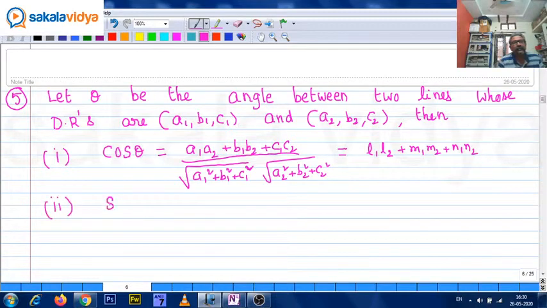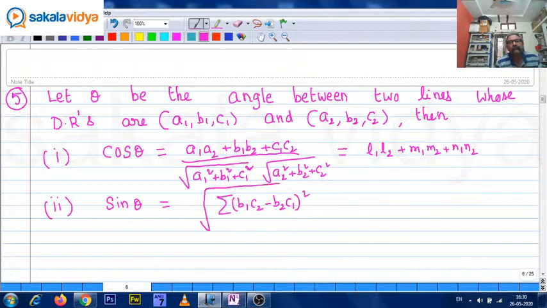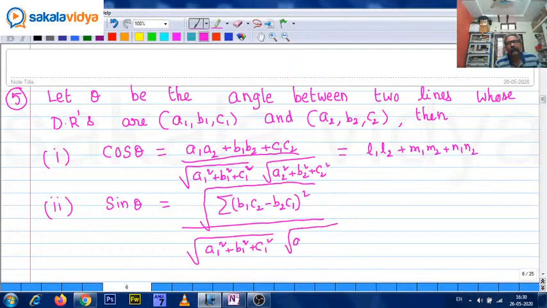Next, sin theta. Sin theta is equal to the cross product we can find, so you will get sigma B1 C2 minus B2 C1 whole square under root, upon root of A1 square plus B1 square plus C1 square, root of A2 square plus B2 square plus C2 square.